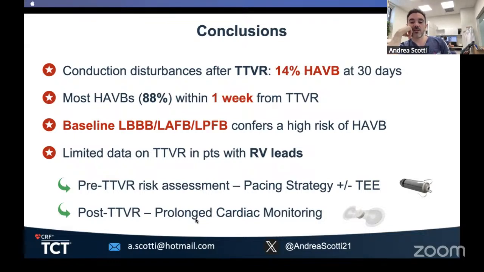Every center, every physician has probably a different approach to this. We know that repair is, by definition, a very safe approach. Edge-to-edge repair, like the TriClip, for example, which is the only commercial device so far available, is very safe. Complications are minimal if we talk about mortality and also conduction disturbances.